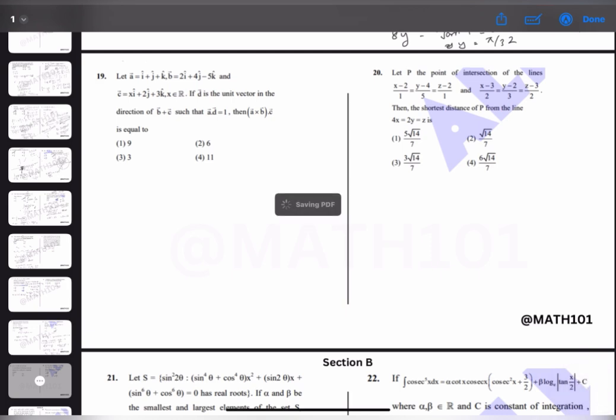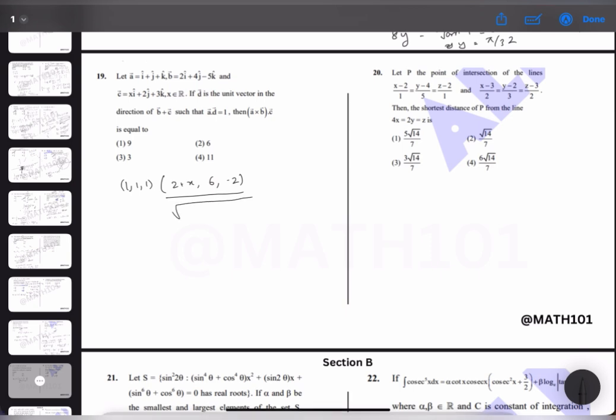So (1, 1, 1) into b plus c vector, which is (2 plus x, 6, minus 2), and as it's a unit vector we divide it by its norm, which is under root of (2 plus x) square plus 6 square plus minus 2 square, that is plus 36 plus 4, 40. This is equal to 1.